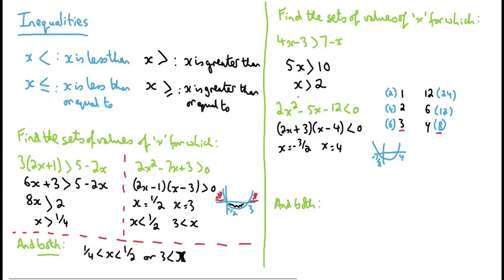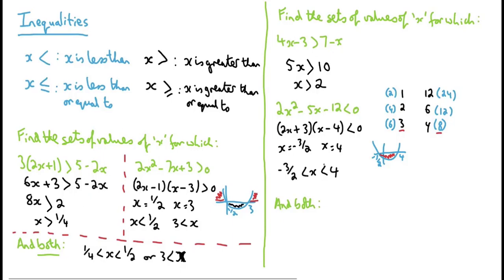Because we want to be less than 0, we're now looking for the bit that's beneath the x-axis. That's between your two values. Therefore, your solution would be x is greater than the minus 3 over 2, but then less than the 4. And because this does work mathematically, you can do them all at once, because minus 3 over 2 is indeed less than 4.